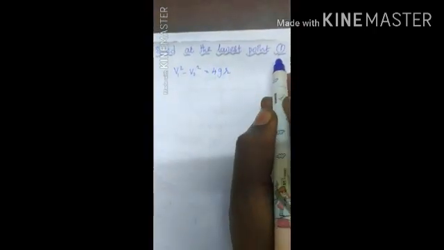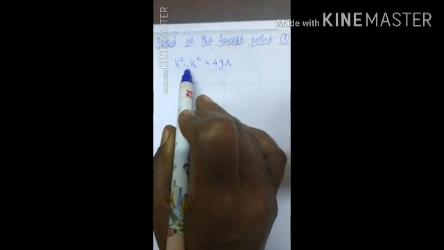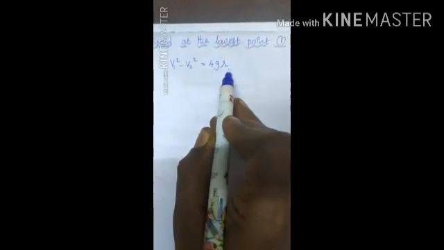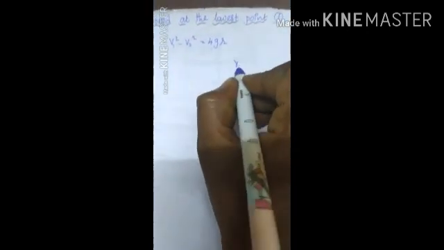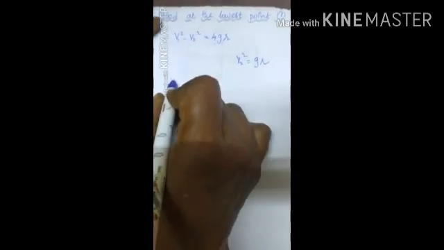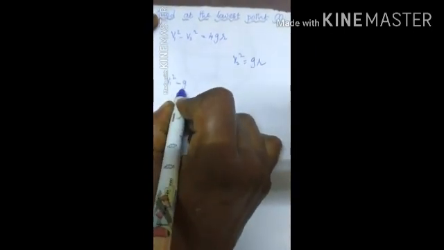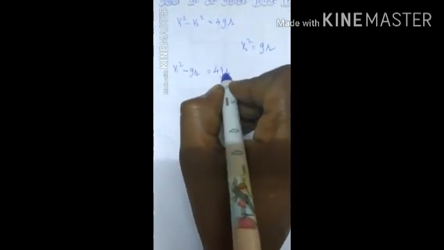Next we have to calculate the minimum speed at the lowest point 1. For that we take the equation v1 squared minus v2 squared is equal to 4gr. From this equation we substitute the v2 value, v2 squared is equal to gr. So v1 squared minus gr is equal to 4gr. We need the v1 squared value.